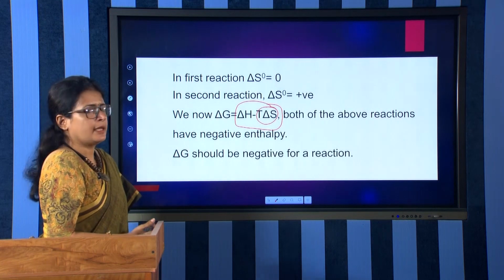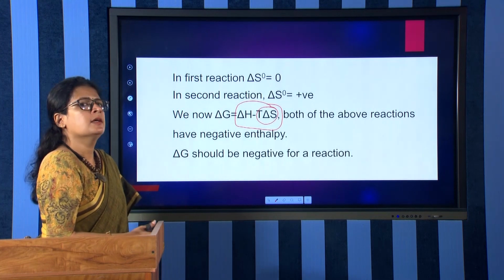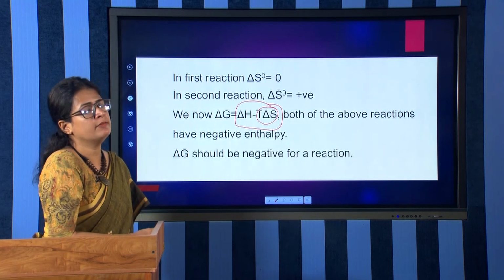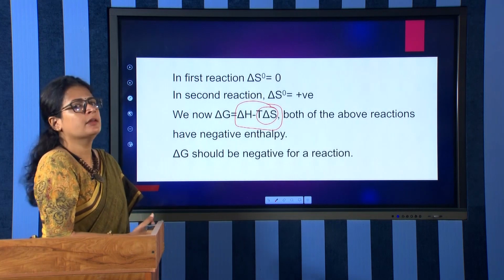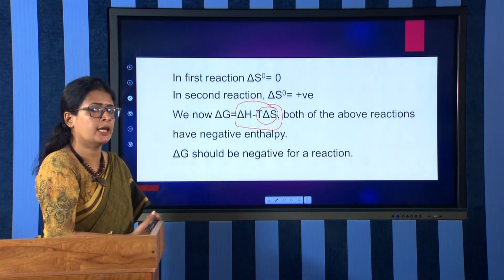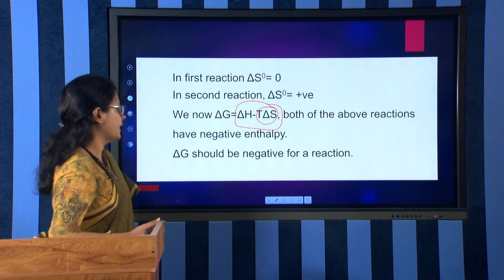And so, in the second case, since delta S0 is positive, the second reaction will have a higher negative delta G value. That is why chelating complexes will be formed spontaneously, and they are exceptionally stable. That is the point.